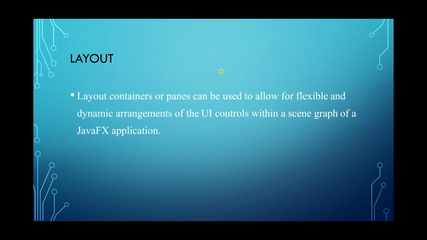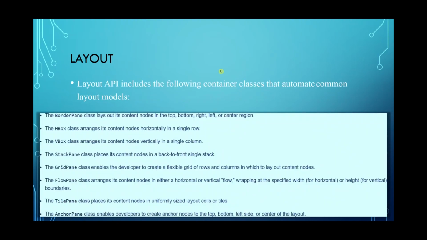Layout. The layout containers or panes can be used to allow for flexible and dynamic arrangements of the UI controls within a scene graph of a JavaFX application. So the layout API includes the following container classes that automate common layout models.